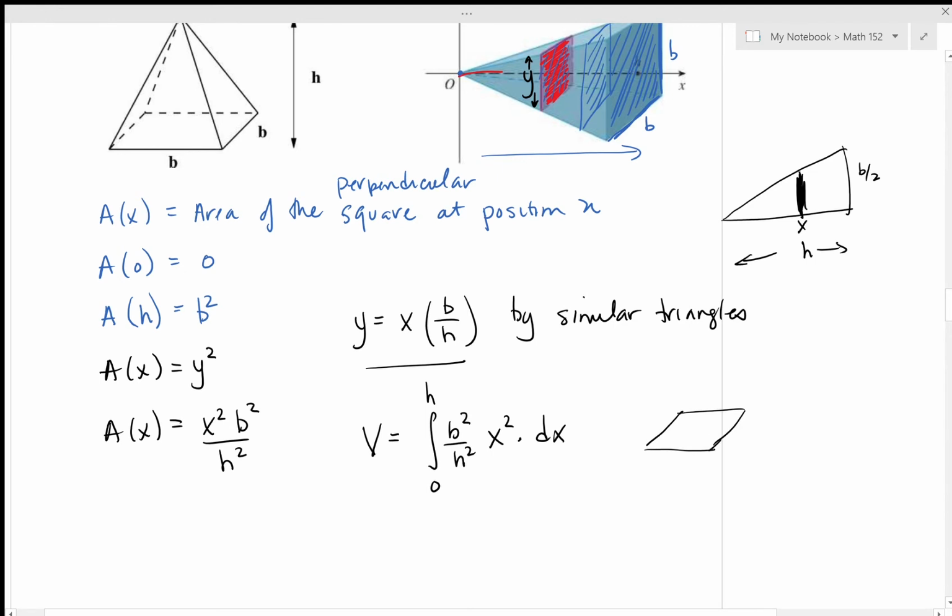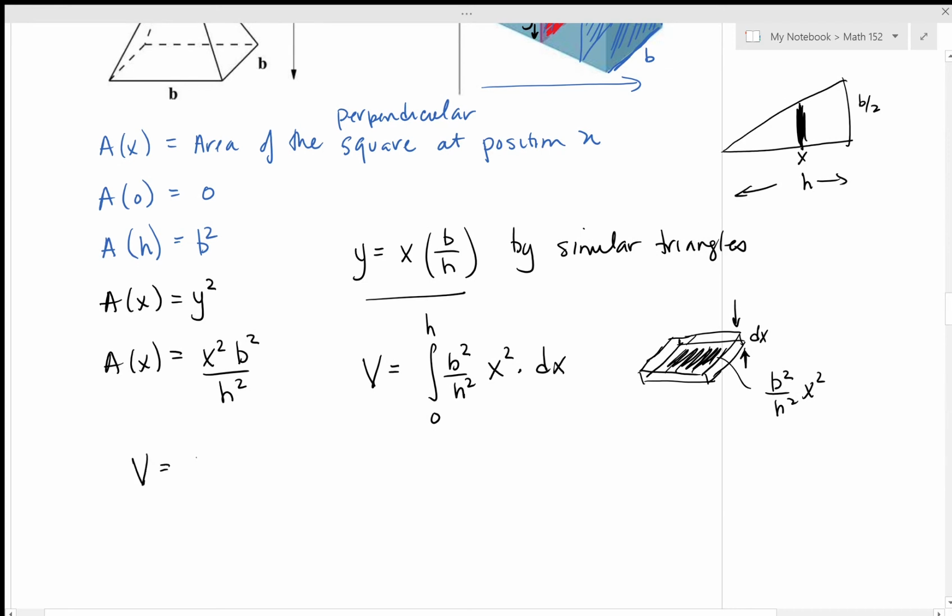That is my base, and I'm thinking of a little tiny increment so that I have something that looks like this. Okay, like that. When I draw it like this, it's really a delta x, but I'm thinking of it as getting very, very small. That's the dx, and then the area of the square is b squared over h squared times x squared, and I'm going to add those all up.